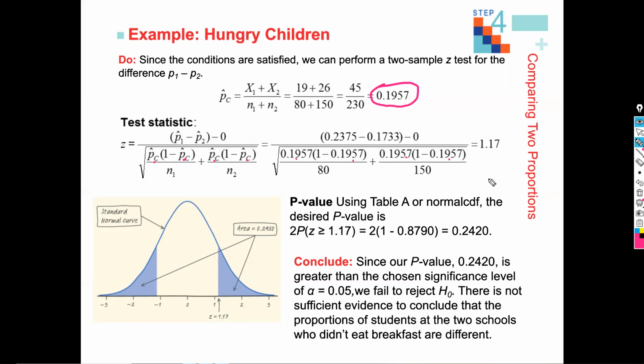So our z-score came out to be 1.17. And then this is what our p-value turned out to be. Our step 4 sentence is basically the same.